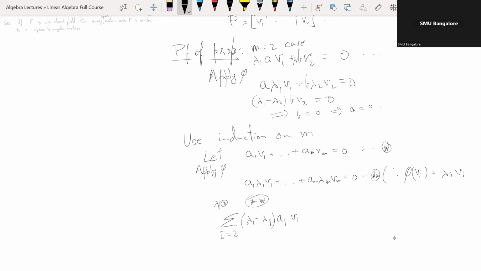One term will be 0, so let's write it from i equals 2 to m. This is 0, so now the length is shorter.